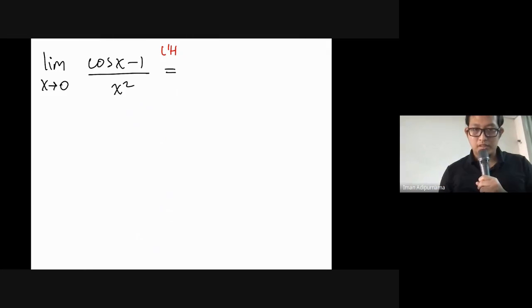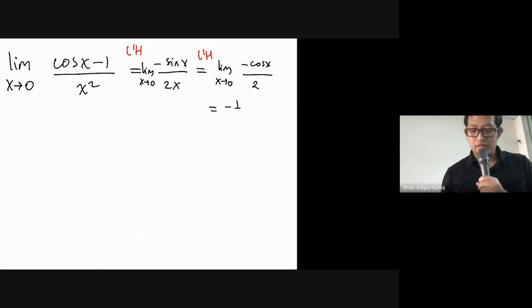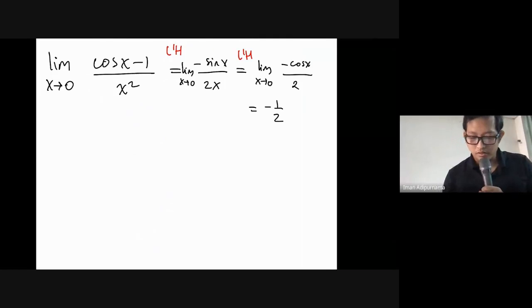Because it's 0 over 0, it will be minus sine x over 2x. Still 0 over 0. Then one more time, L'Hopital's rule. This will be minus cos x over 2, resulting in negative 1 over 2, right?